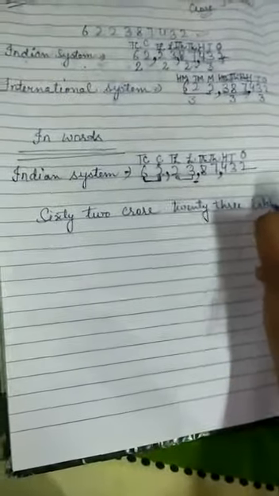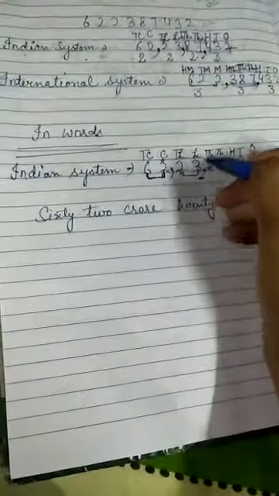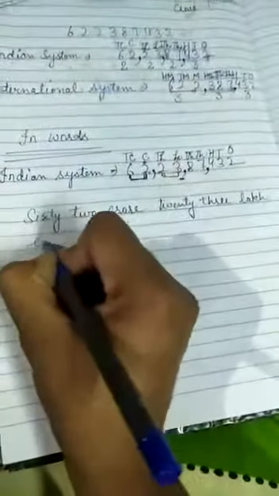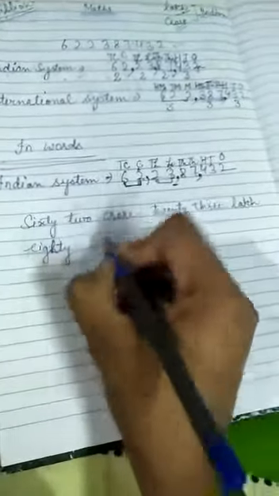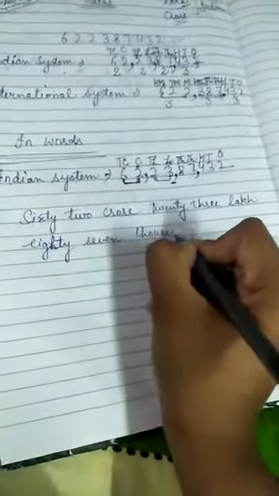And what is the period of 3? It's lakh. You have to check only the last digit's period. What is the period of the last digit? Between the commas, what is the period of the last digit? You have to see only this. And the next 2 digits are 87. And what is the period of 7? It's thousand.